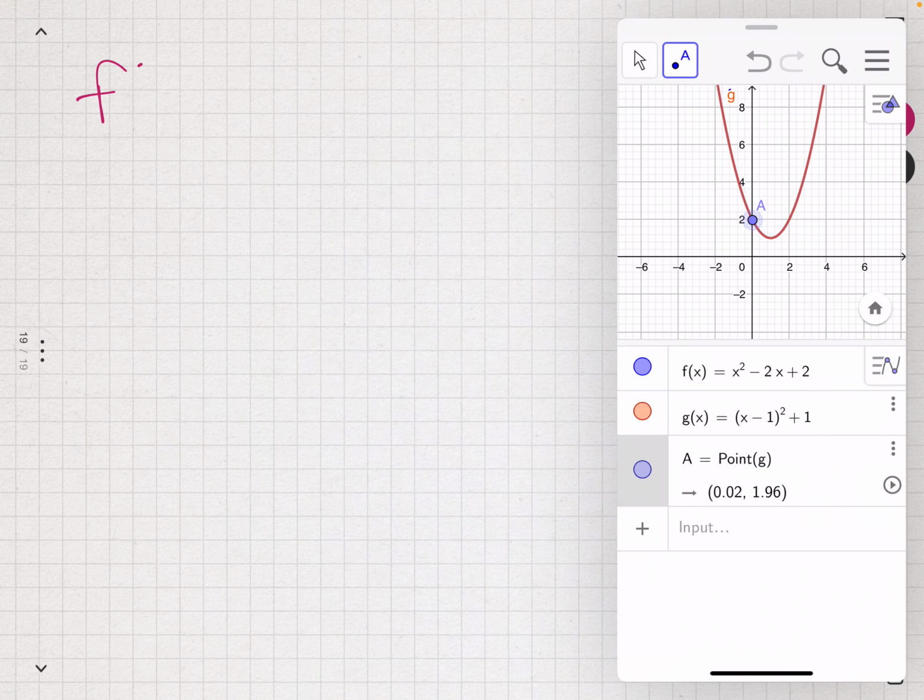If I have f of x equals negative 5x squared minus 20x plus 13. So I'm going to follow my 7-step process, that involves me getting it in standard form first.